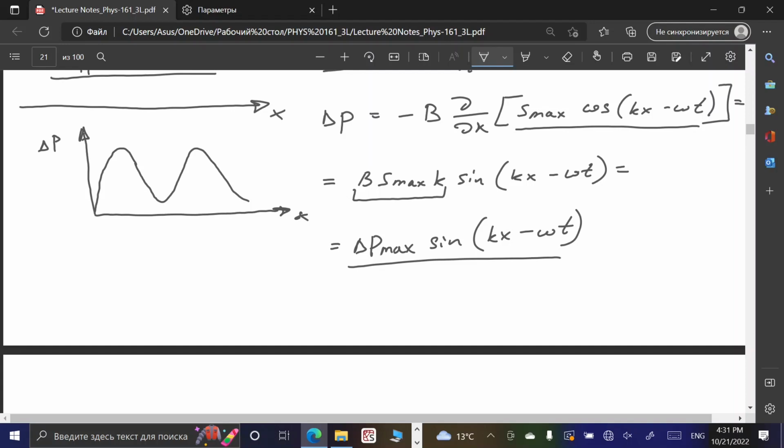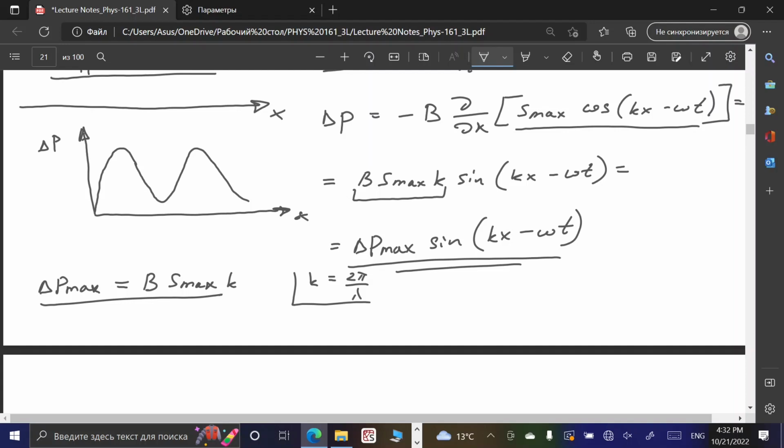And of course, there is this relationship for delta P maximum, how you go from displacement to change in pressure, that is B times S maximum times k. What is k? It is the wave number, defined as 2 pi divided by lambda. Just as a recall. So we have this relationship and we have also the wave function which describes change in pressure.